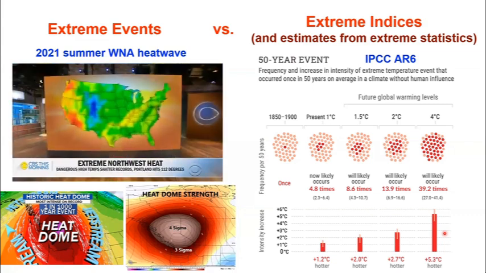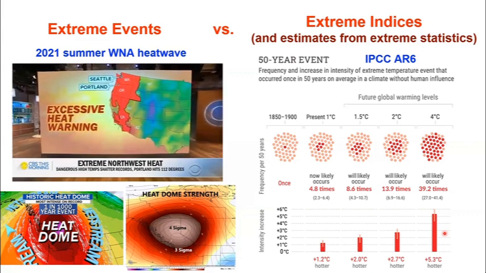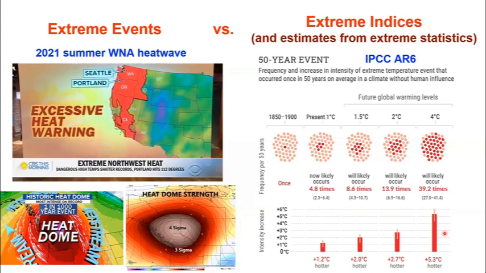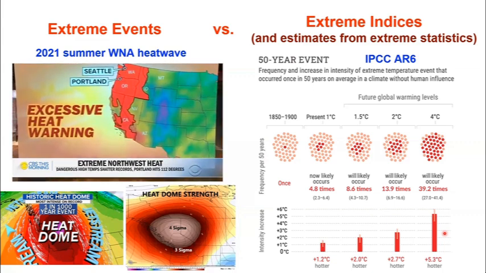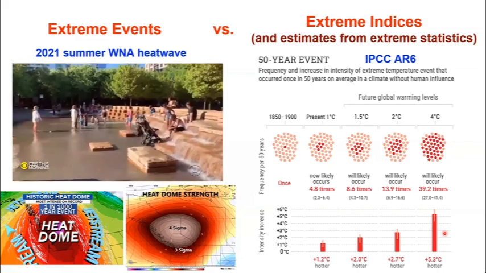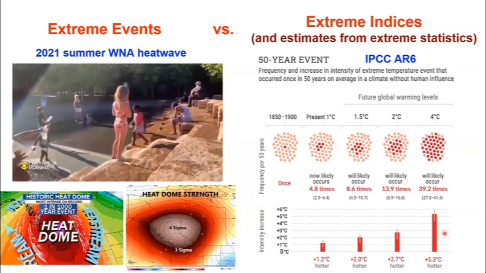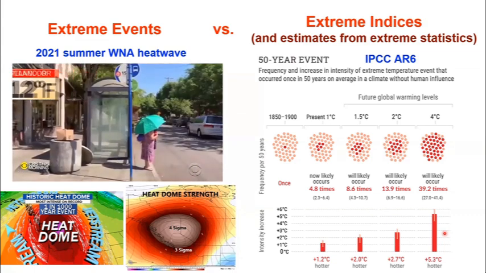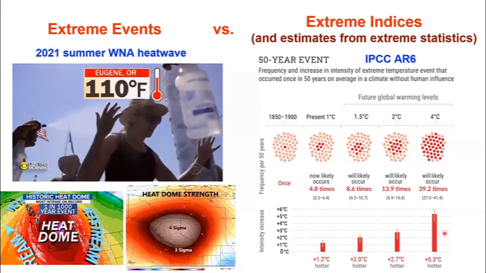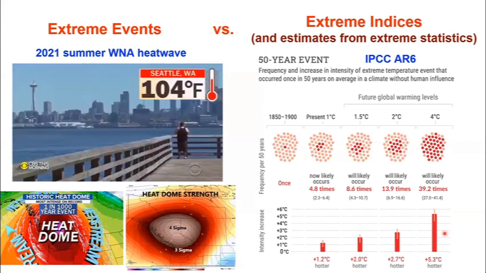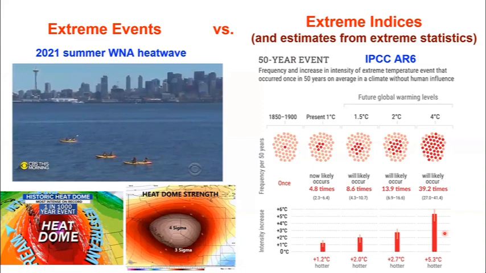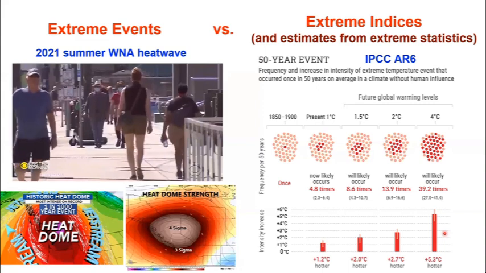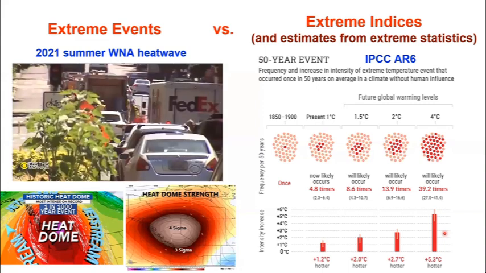Nearly 20 million people are under an excessive heat warning this morning, covering nearly all of Washington and Oregon, plus 5 other states. Lilia Luciano has more. It's never been hotter across the Northwest. A record 112 degrees in Portland, Oregon, 110 in Eugene, Oregon. 104 in Seattle, Washington, marking the first time the city passed triple digits 2 days in a row since record-keeping began in 1894.